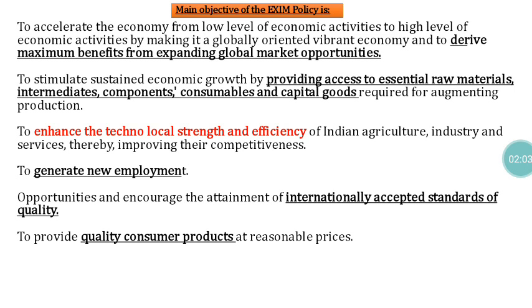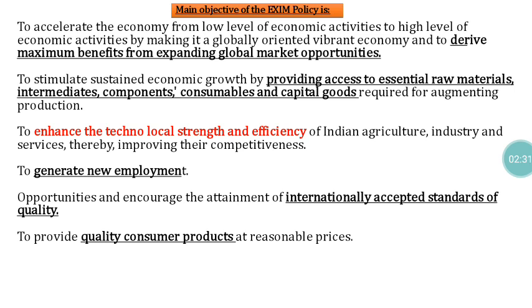In order to produce this kind of material, provision of access to essential raw material alone is not sufficient. We have to strengthen the technological ability of our local community. Technological ability also needs to be increased, and we also need to increase the efficiency of our Indian agriculture, industries and service sectors. Then only can we achieve quality production at a maximum level.